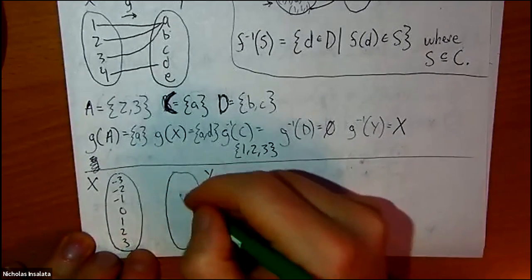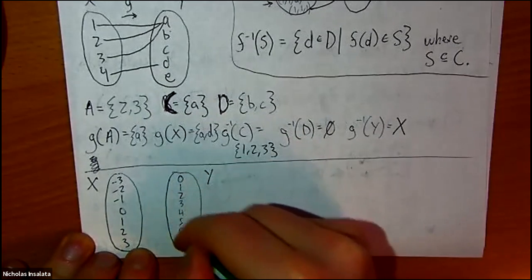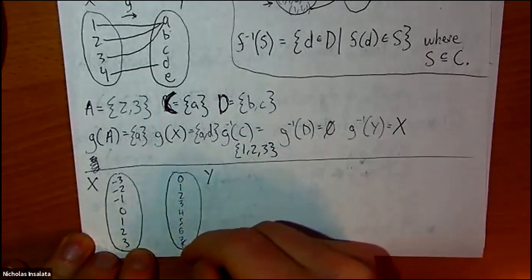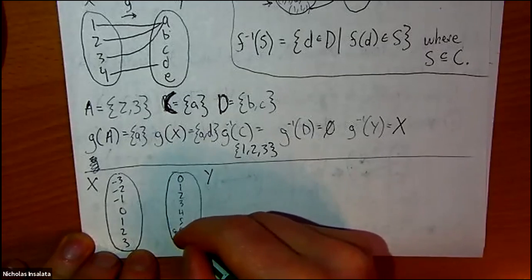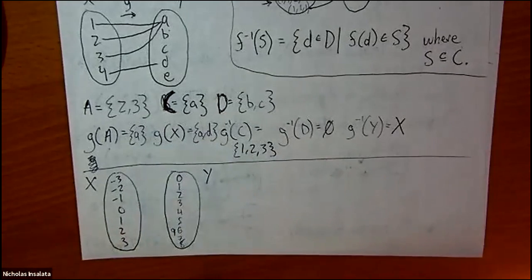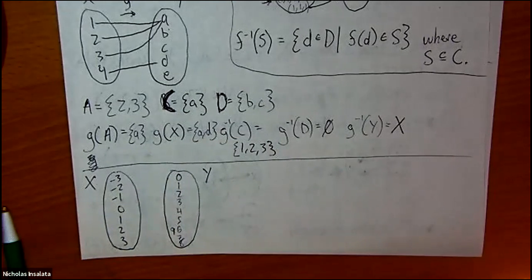So, oops, ran out of room. There's 9. Okay, so what is -3 going to map to? Nothing. Well, then I don't think I had very good options here, right?